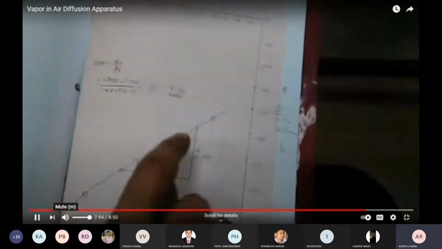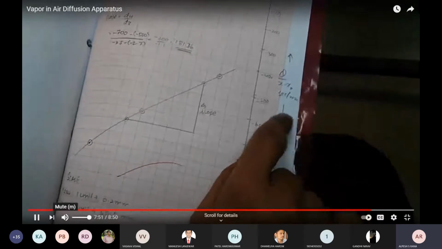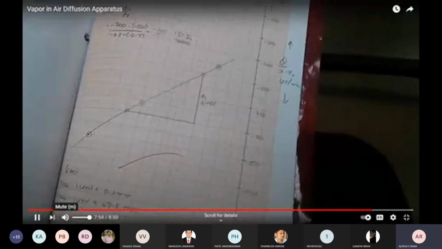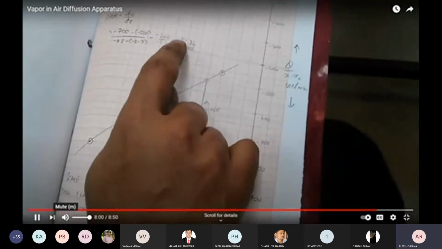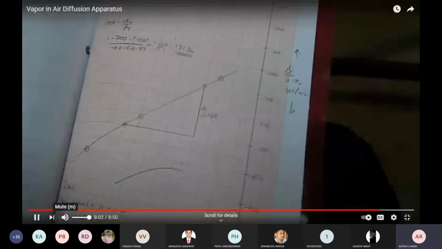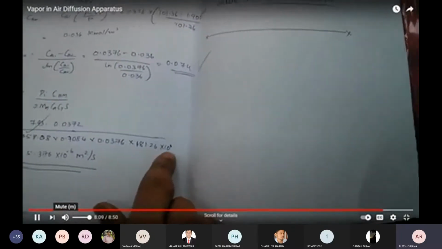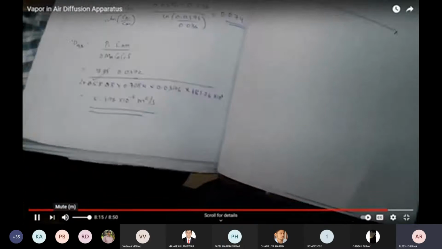Remember that whatever slope you are getting would be in the unit of seconds per millimeter square. You need to convert it into seconds per meter square by multiplying by 10 power 6. So when you are substituting in this equation, ensure that you multiply by 10 power 6. Then finally you will get the diffusivity in meter square per second.